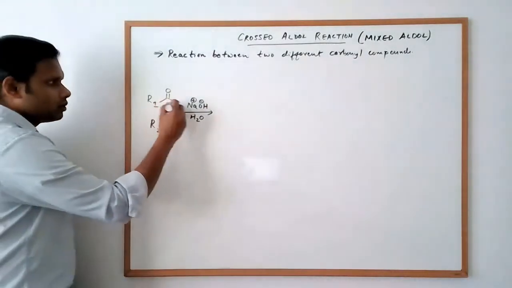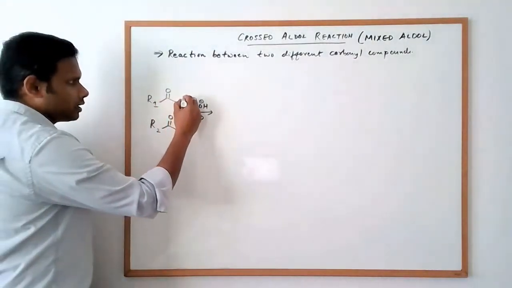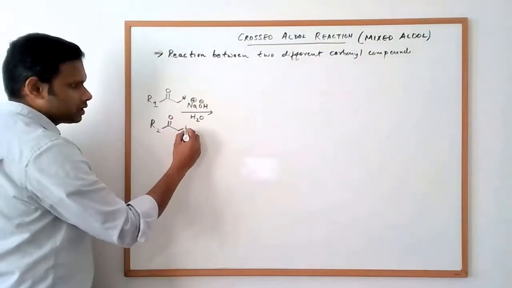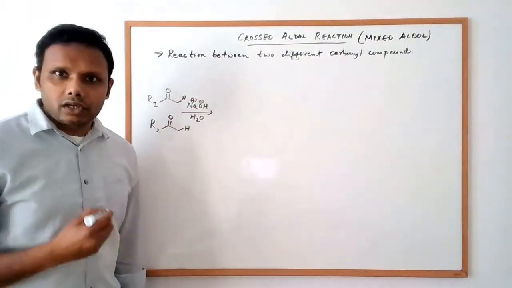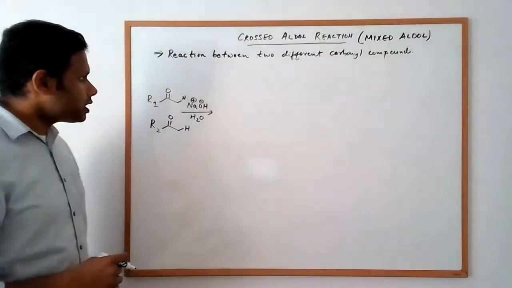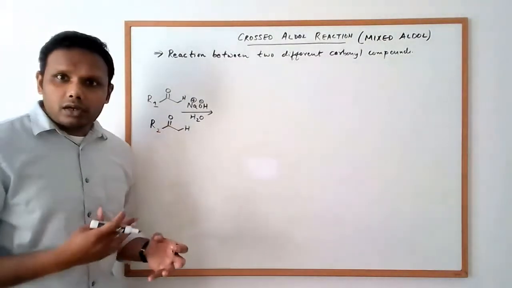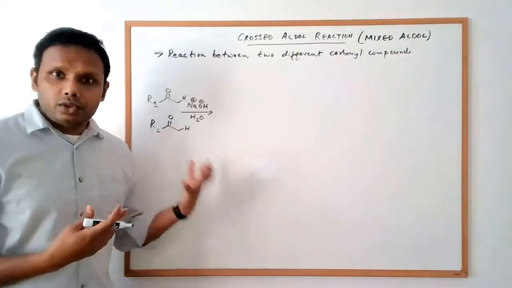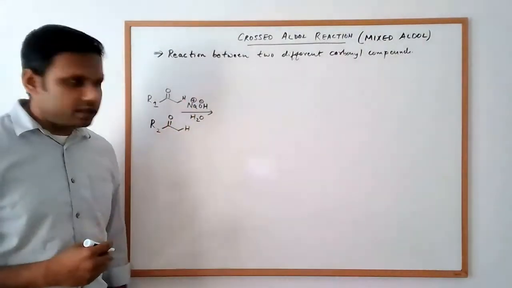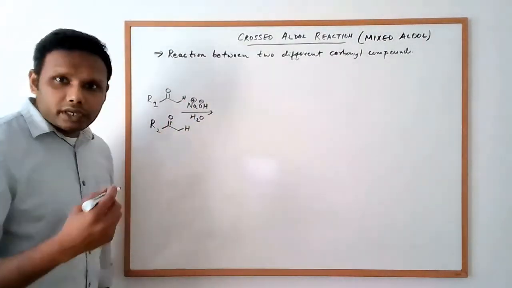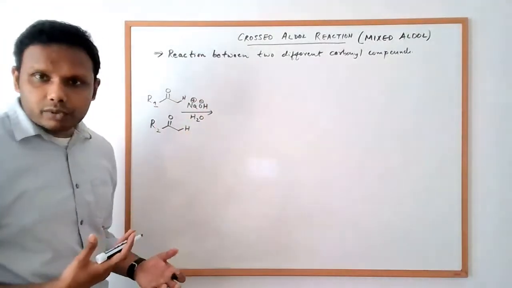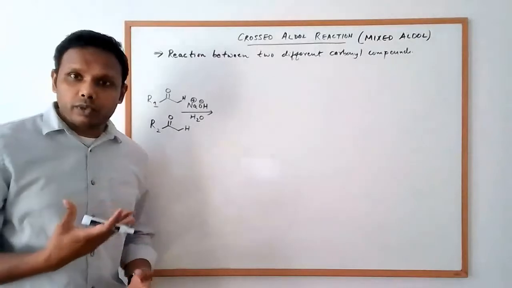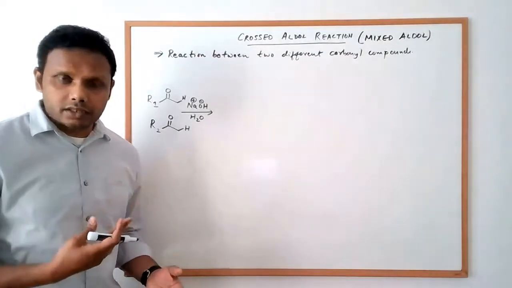So the first carbonyl compound has alpha hydrogens on it, and the second carbonyl compound also has alpha hydrogens in it. When we do an aldol reaction using two different carbonyl compounds, and if we use basic conditions for our purposes here, the situation is not very different when you do it under acidic conditions.